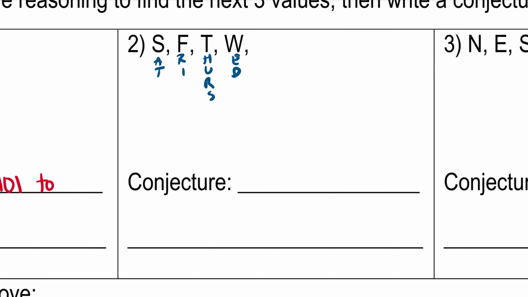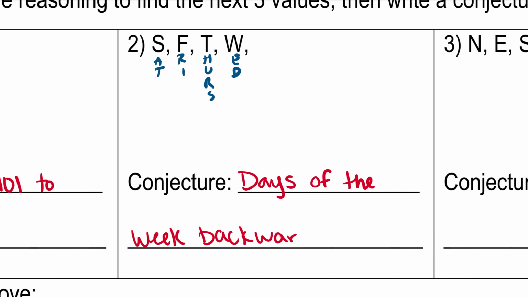So it's the days of the week backwards. Okay, so my conjecture is days of the week backwards, however you want to word that. Okay, so then my next three values would be Tuesday, Monday, Sunday, right? And that's it for number 2.